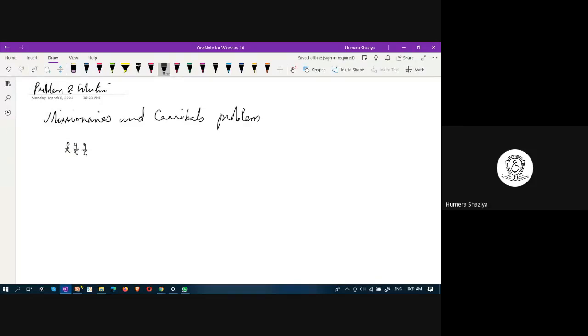Cannibals, I'll draw a little bit bigger. These are cannibals, these are missionaries. This is a river, and this is the river bank.